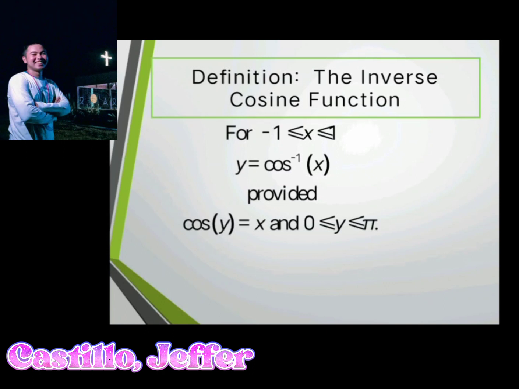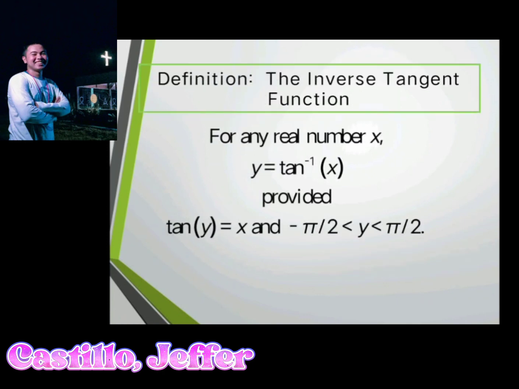So we have the definition, the inverse cosine function for negative 1 is less than or equal to x less than or equal to 1, y is equal to cosine inverse x, provided that cosine y is equal to x and 0 is less than or equal to y less than or equal to pi. Another notation for inverse cosine is arccos, which is read as arccosine of x.